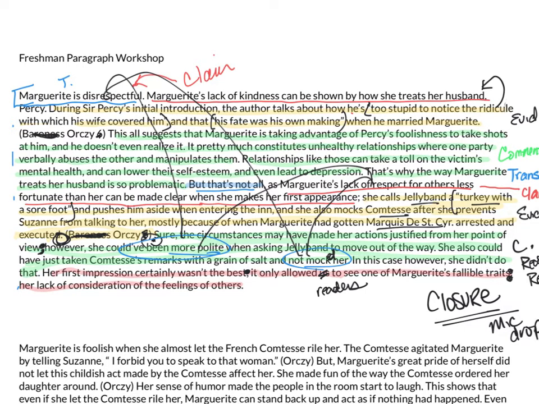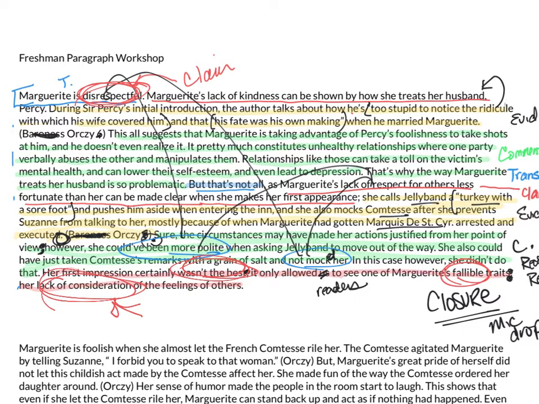It should go back to the ideas in the topic sentence, but it should be stronger. So, what is the idea in the topic sentence we're playing with? Disrespectful. Does this topic sentence go back to the idea of disrespectful? Wasn't the best. Fallible. Lack of consideration. Okay, lack of consideration is where you really have that strong tie to disrespectful.